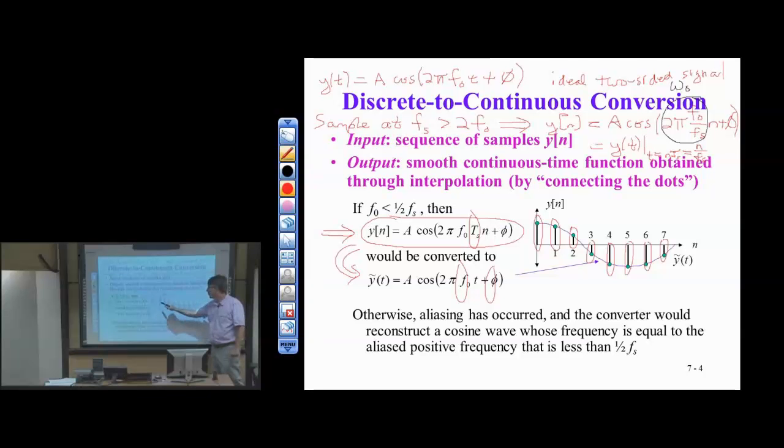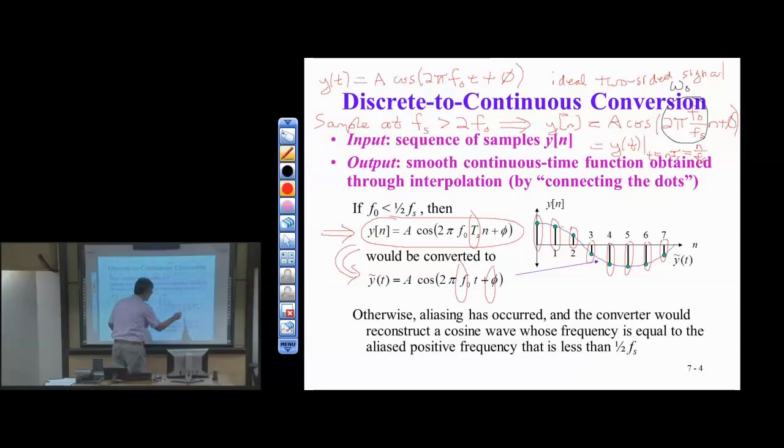Now I've got to come up with a way to connect the dots so that I have a continuous time signal, and there are lots of ways to do that. We've talked about some of them. We could draw straight lines between the dots. This is what plotting routines tend to do by default in MATLAB, for example. Fine, and you can be more sophisticated. Plotting routines have other options for how they do interpolation for plotting.